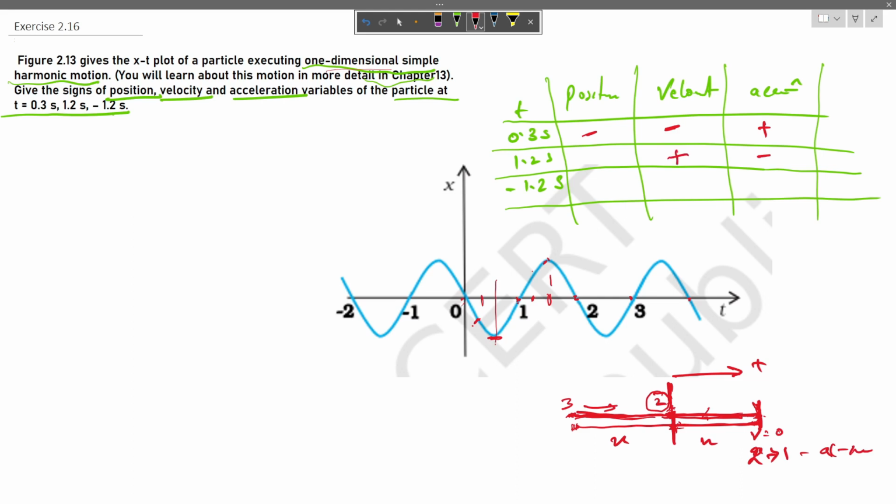Since it is traveling in the positive x direction, its velocity is going to be positive, and since it is above the time axis, position is also going to be positive.